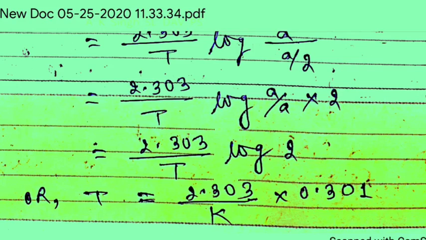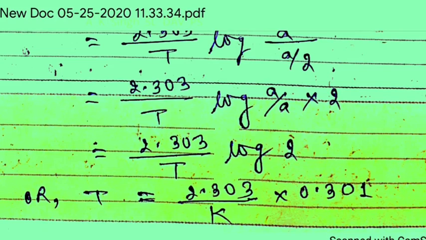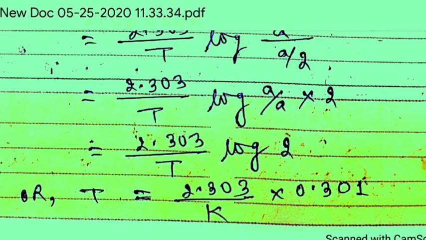Or we can write T is equal to 2.303 by k into 0.301. The value of log 2 is 0.301. It is the value of log 2.